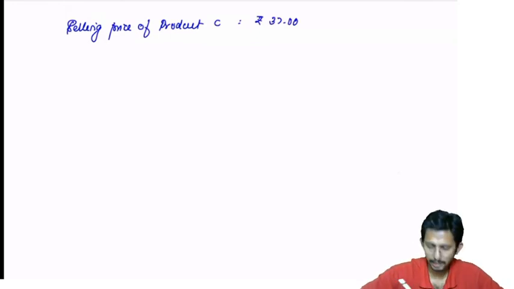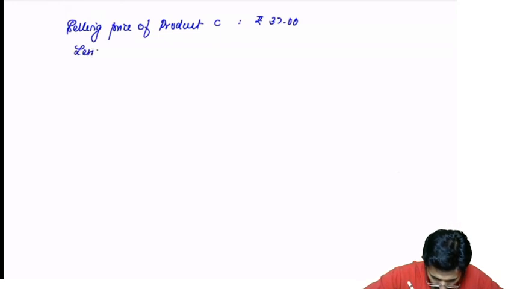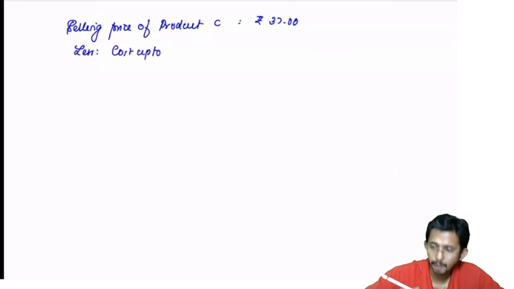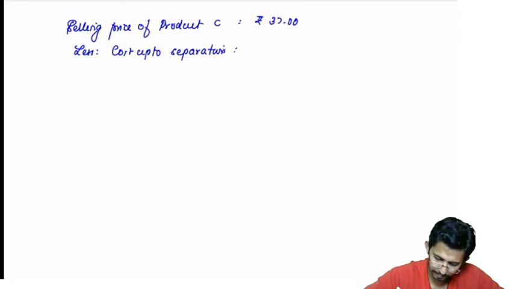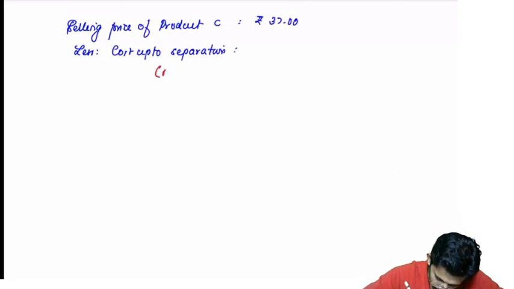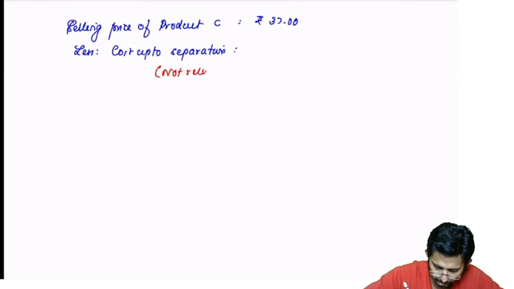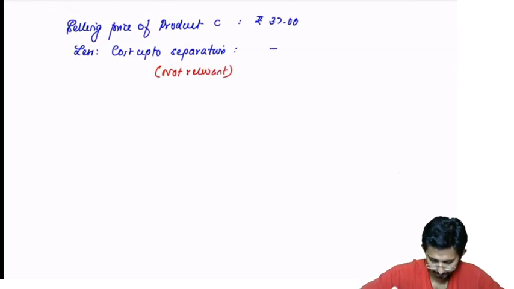Then less cost up to separation. You can write not relevant, so nil.